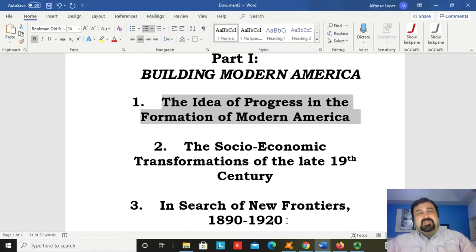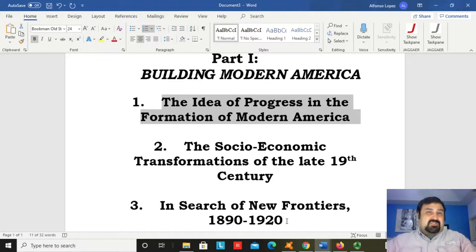Again, this is the process that we call modernization or modernity, and it is the rapid transformations of human societies that are taking place in the 19th century in certain places of the world, like the United States. The United States was not, of course, alone in experiencing those changes.